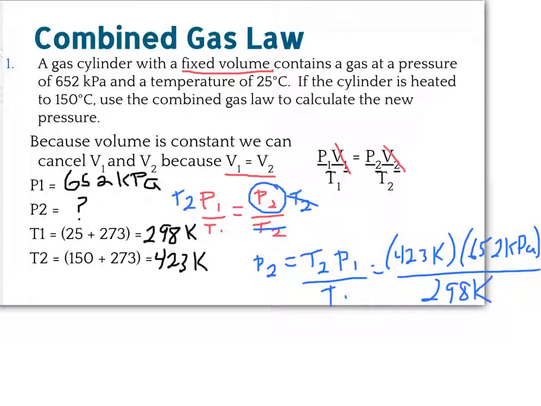If we do 423 multiplied by 652 divided by 298, we are going to get a final pressure of 925 kPa. Our significant digits here, because we're not looking at temperature, are going to be 3. When you think back to the kinetic molecular theory, if we are heating something and we're keeping the volume constant, the molecules will be moving faster, they'll be banging into the sides of the container more, so it makes sense that the pressure is higher than it was initially.